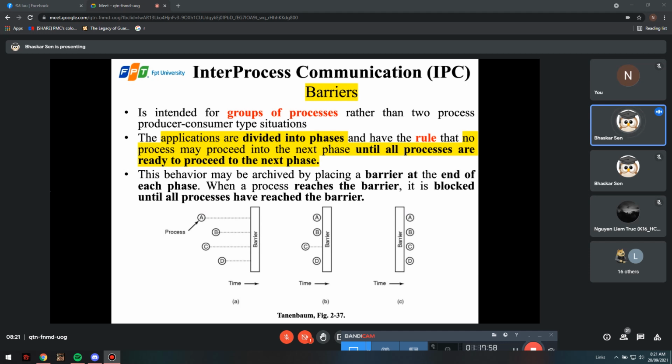That's called barriers. They move, and then we create a barrier, and they reach the barrier, and they have to wait until they all gather together, and they will be moved to another phase. So it's a phased implementation.